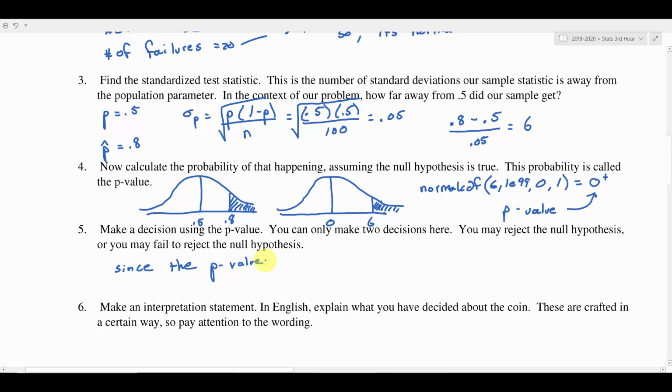But since the p-value is 0 plus, and it is less than 0.05, we reject the assumption that the coin is fair.